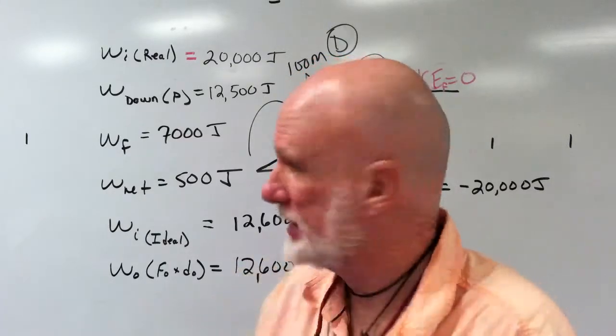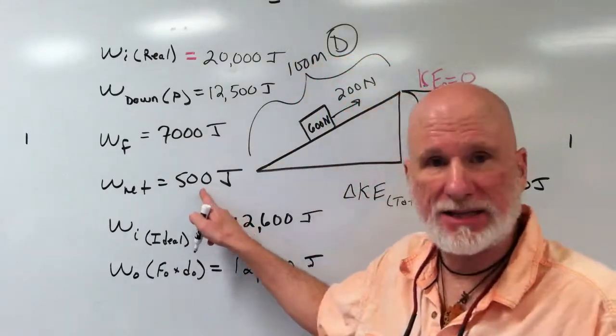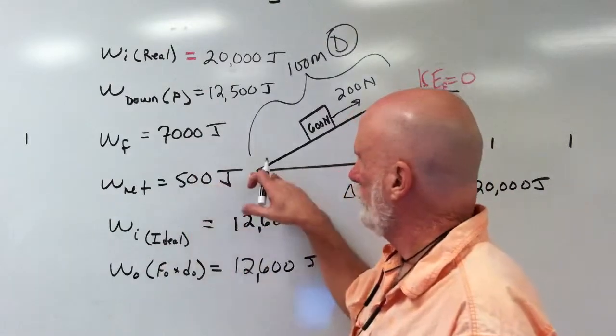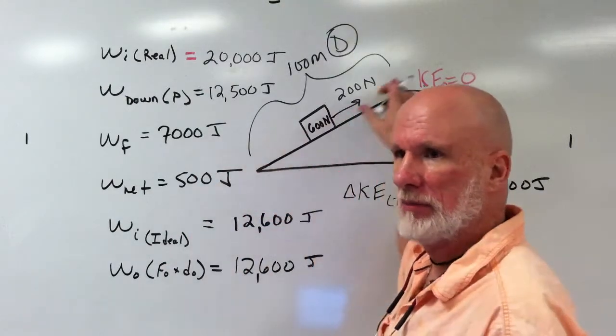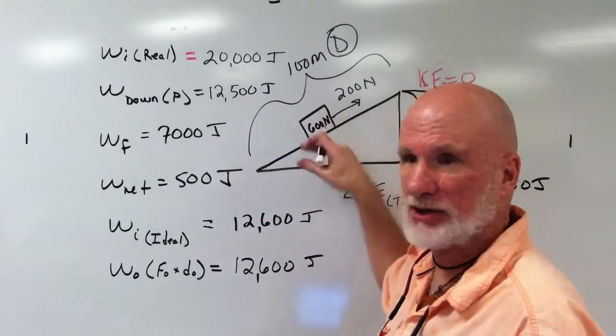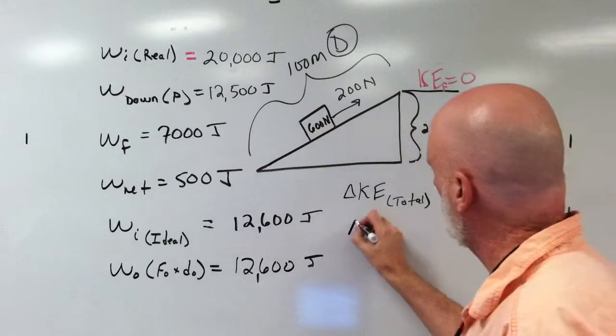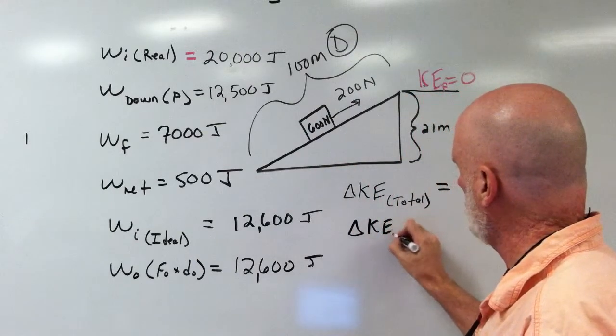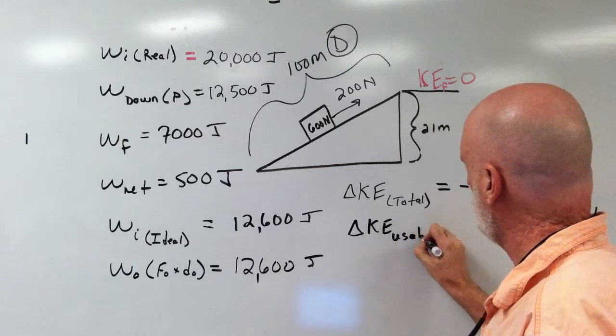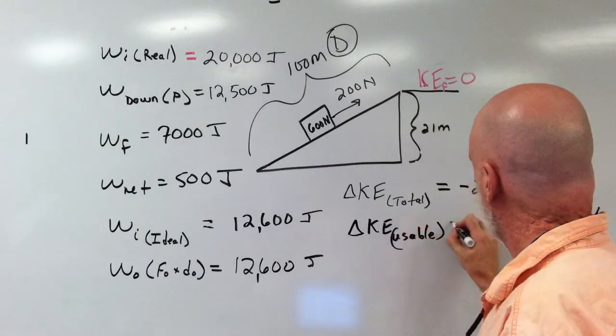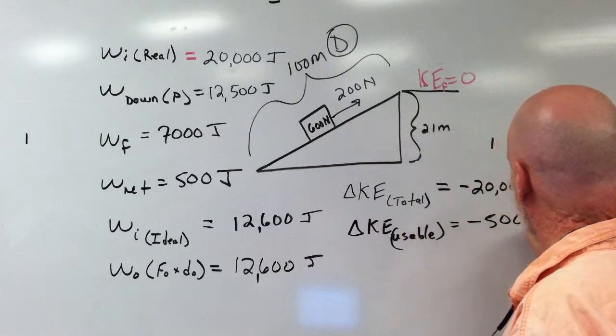Well, that'll be the net. So it'll be 0 minus 500. So delta KE usable is going to equal negative 500 joules.